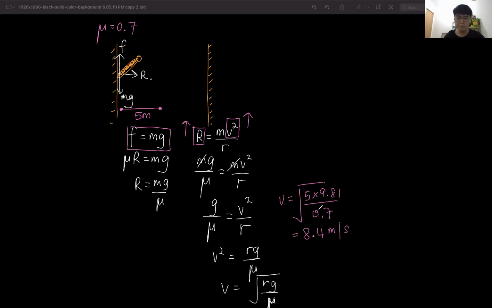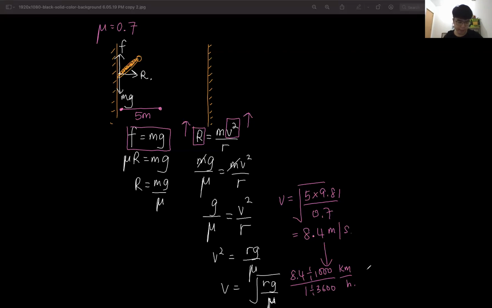If you convert this one, it's hard to imagine meter per second. So let's convert it to kilometer per hour. Okay, this one, so if we convert to kilometer per hour, this would be 8.4 divided by 1,000 kilometer, divided by 1/100 hour... Okay, so we have in kilometer and we have in hour.